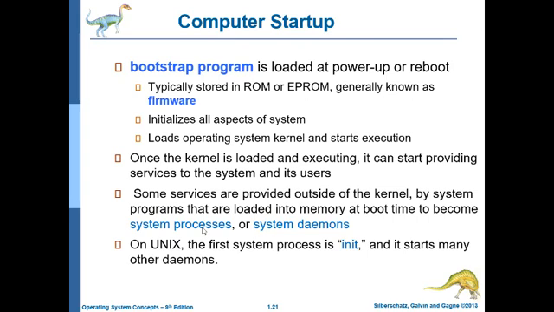What is firmware? Firmware is actually a type of hardware which can store some software, and it is different from ordinary hardware, because in hardware you can change whatever is inside.